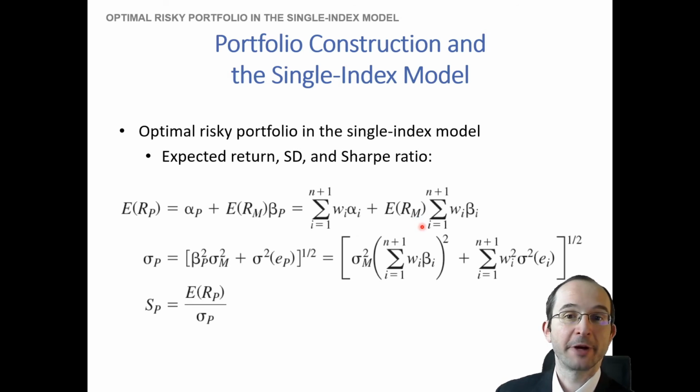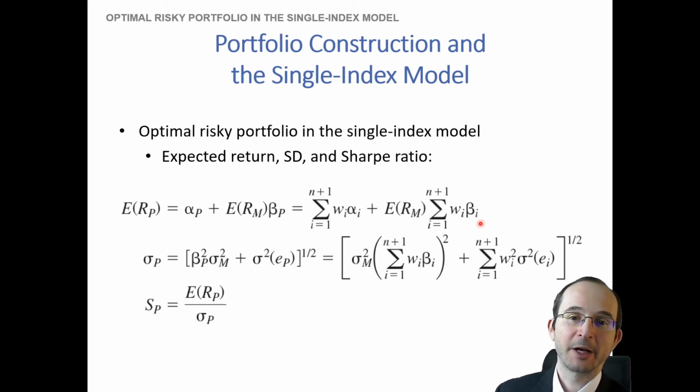And for our exposure to the macro factor, well, the beta of our portfolio is going to be a weighted average, in other words, a weighted sum of the betas of all of our individual portfolio constituents.